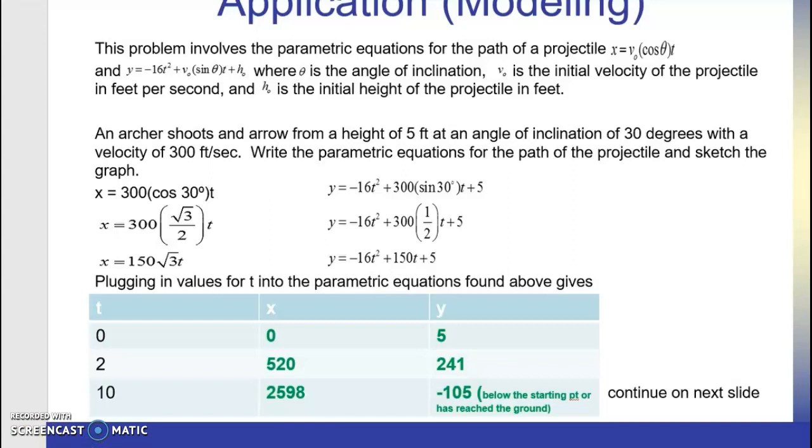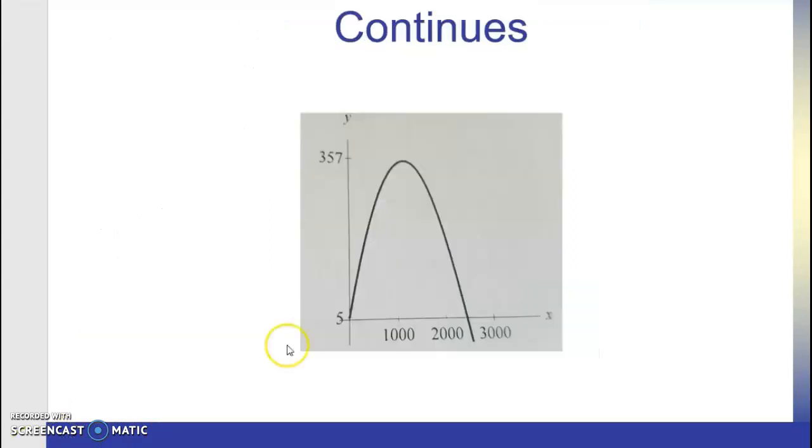So looking at the graph, plotting these 3 points, I did not enlarge them, but plotting these and graphing. Of course, you can plug in any numbers you want for t, so your points may be a little bit different. But here is the graph. We see the arrow reach that highest point and then begin to come back down.